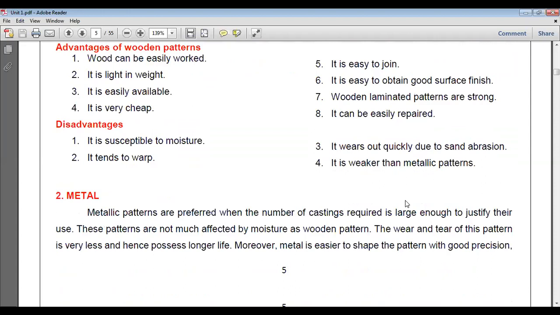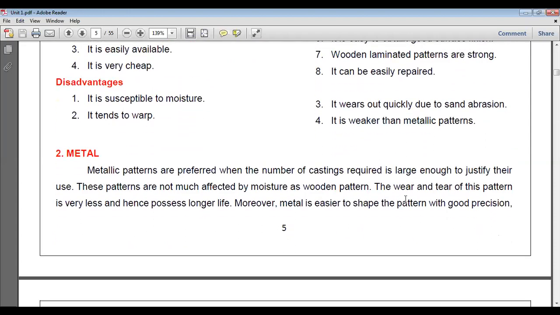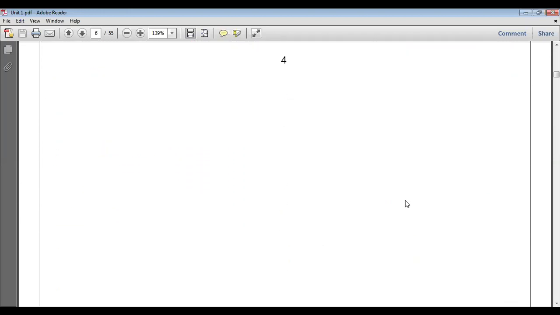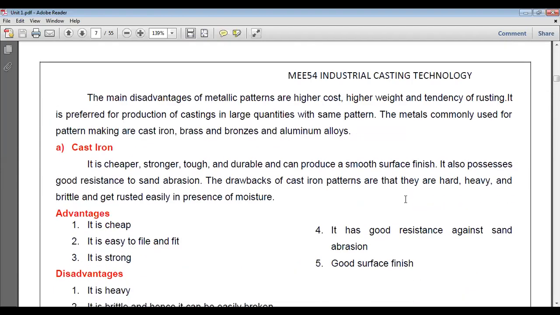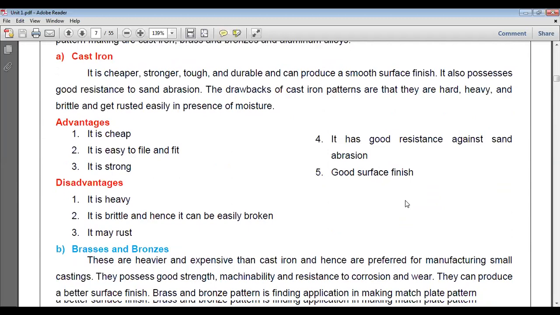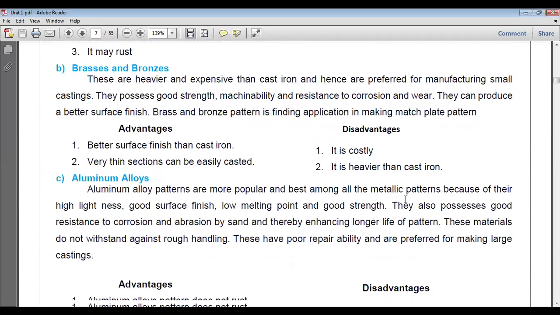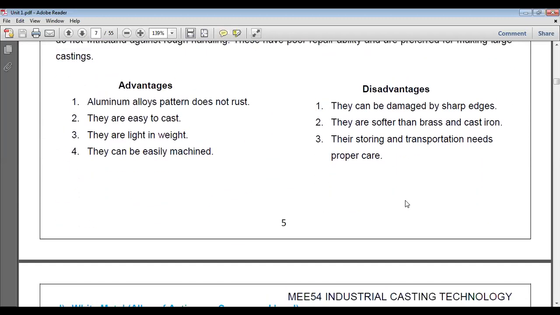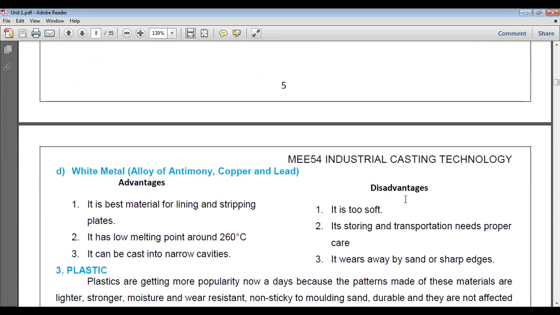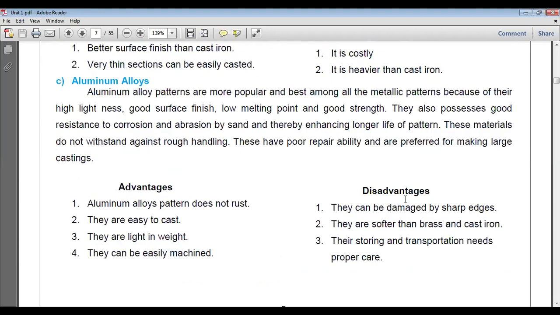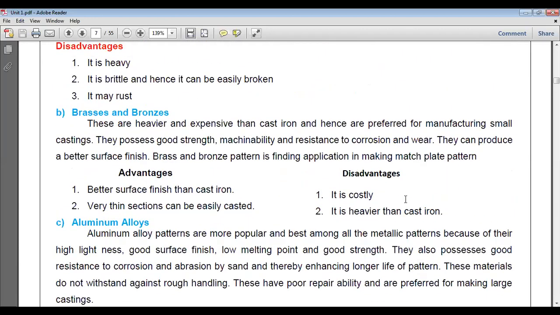The second is metal. We have already discussed what metals are used and their advantages: cast iron, then brasses and bronze. Aluminium alloys we have already discussed. Now we'll also talk about white metals, and then the advantages and disadvantages of metals.